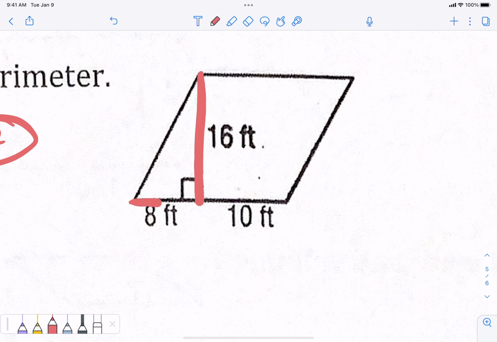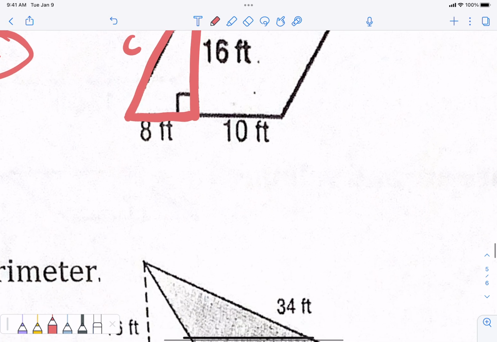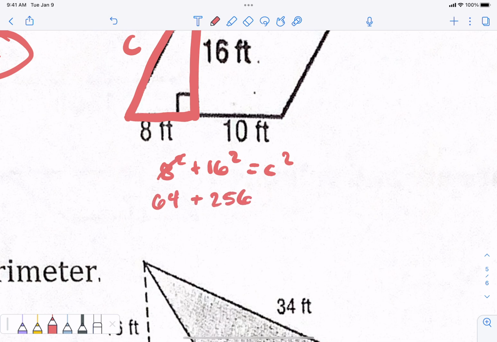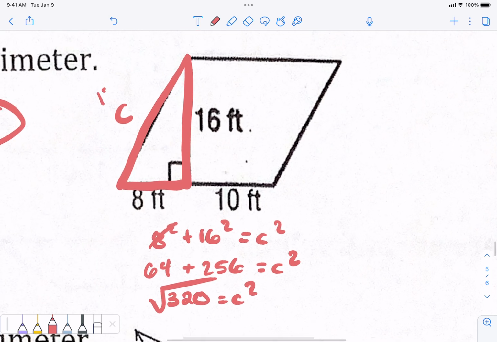So 8 and 16, and this is my side C. So 8 squared plus 16 squared equals C squared. 8 squared is 64, 16 squared is 256, and if I add this together, that's 320, and if I take the square root, 17.9 is what that is.